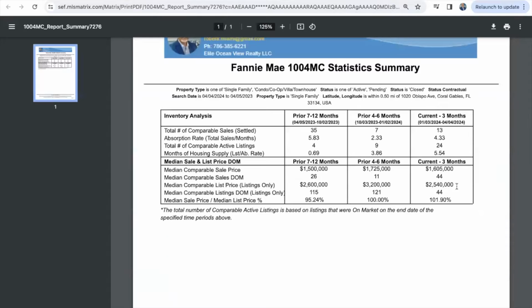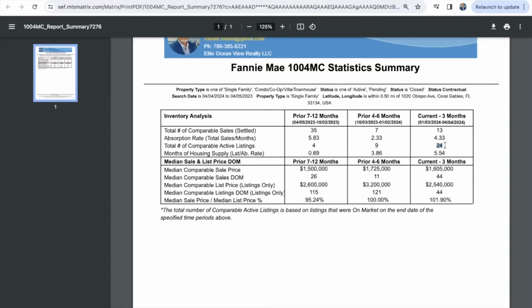So within the last 3 months, there were 13 sales in this area. That's 4.3 sales per month. So basically divide 13 by 3, which is a quarter of a year, and you get 4.3 sales per month. Currently, there are 24 active listings in the market.